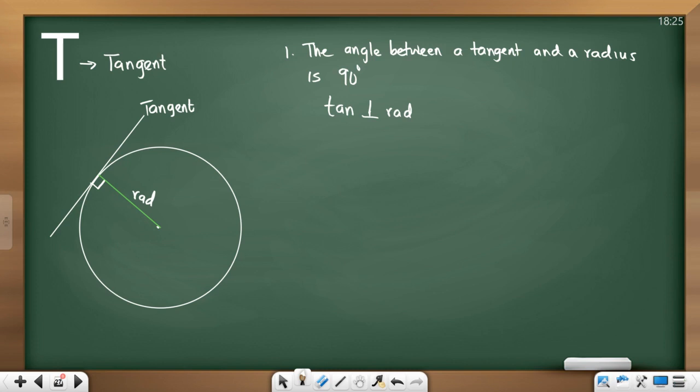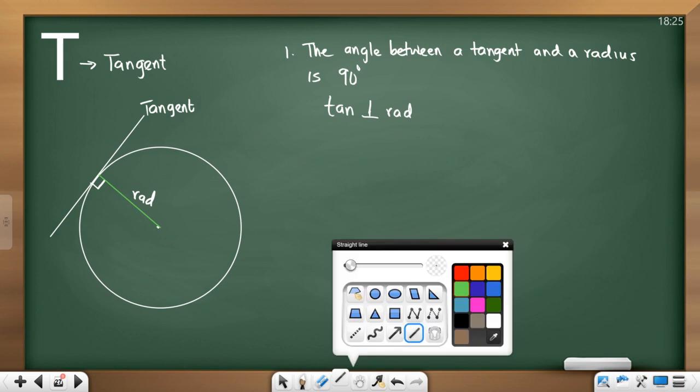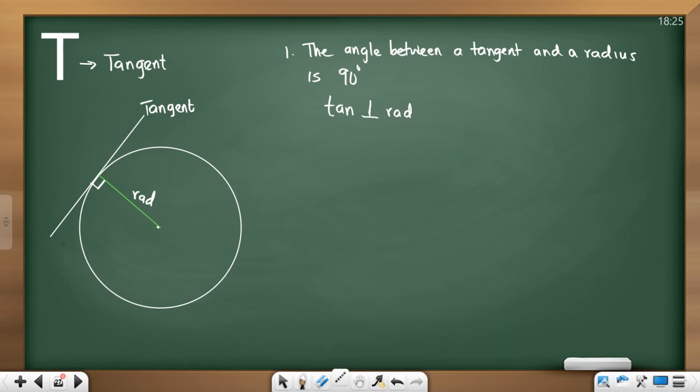And when I talk about this, it also then means, check something here. If I take this line and join that, that then gives me what? A right angle triangle. So I need to consider a right angle triangle as well whenever I see tangent and a radius because of the 90 degrees.